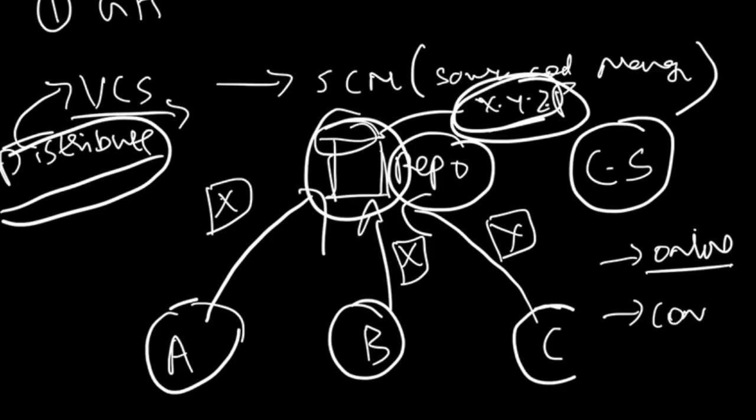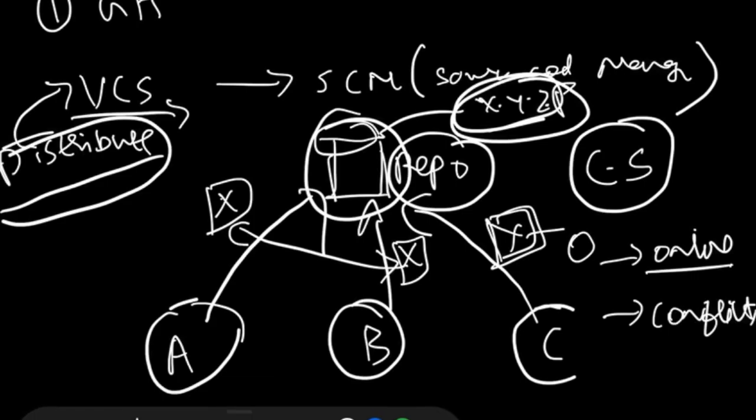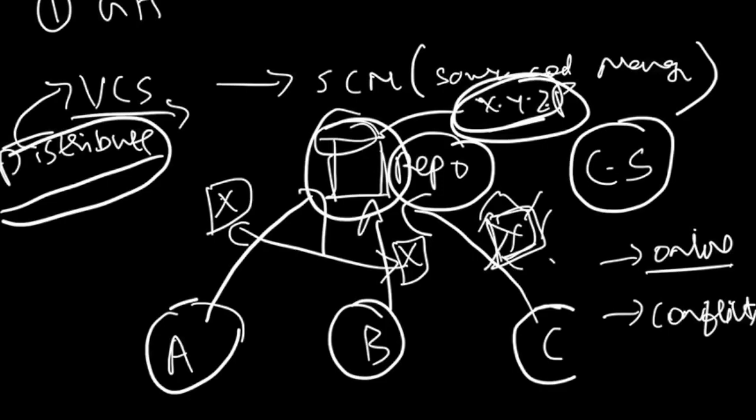And the second drawback is conflicts, right? Because A and B are working on the same file X, so they might end up messing up the file. Or maybe let's say C is working on file Y and he has done some malicious changes, so he must have corrupted this file, right?